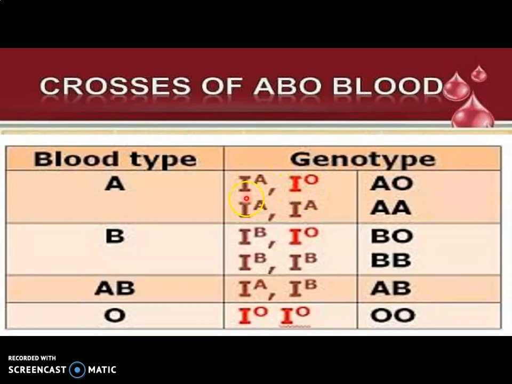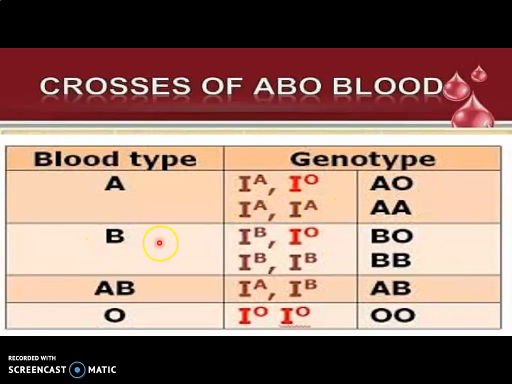What I mean here is that someone who has blood group A has 2 alternatives: the person can have either AA in its genotype or AO, just like what I have here. If someone has AO in its genotype, it means that A is coming from the mother or the father, while the other one is coming from the other parent. If the person has AA, the A is coming from one parent, while the other A is coming from the other parent. So the person inherited the 2 from his or her parents.